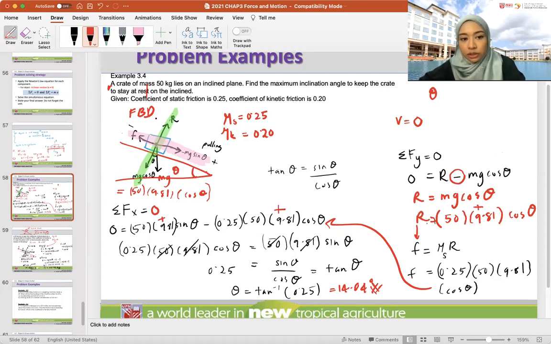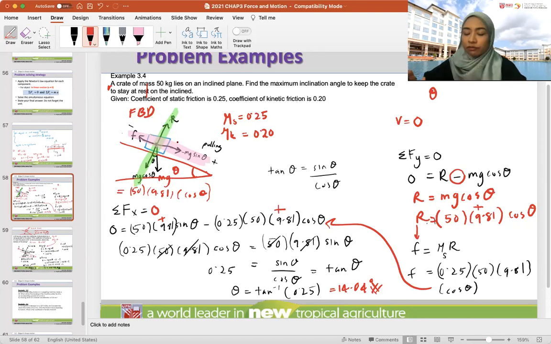Because kita punya equation comes from the free body diagram. Free body diagram dah ada direction. So we just follow the direction of the free body diagram. I don't have to declare that the 9.81 is negative because I already know it's going down based on the free body diagram. So when I put it into my equation, the negative is there from the free body diagram.